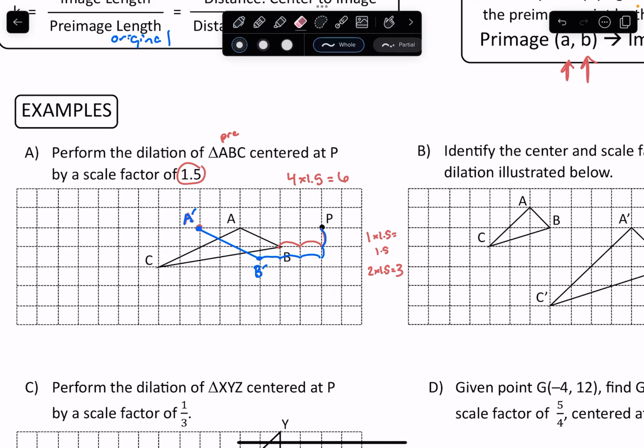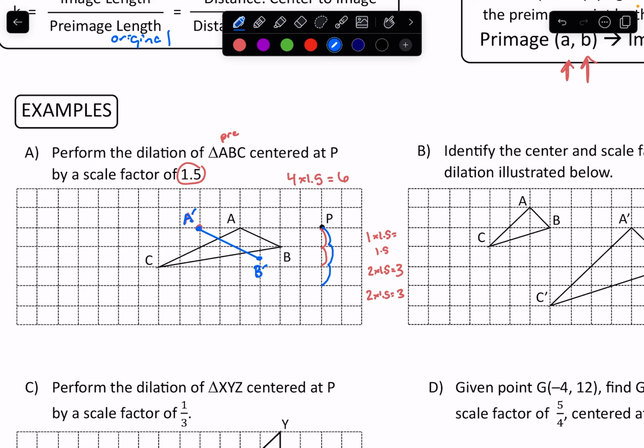Now I'm going to erase this one and this one and this one. Now C is down 1, 2. So the original C goes down 2, which means my C prime needs to go down 2 times 1.5, which is 3. So C prime is going to go down 1, 2, 3.